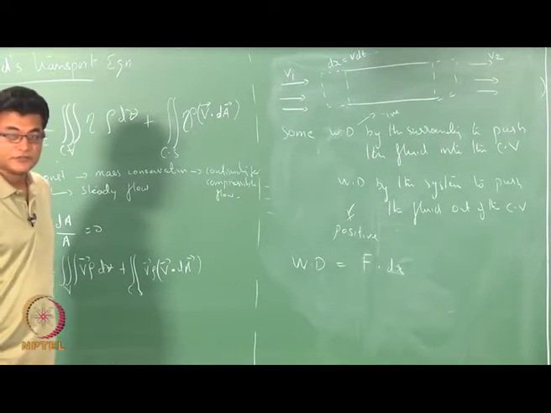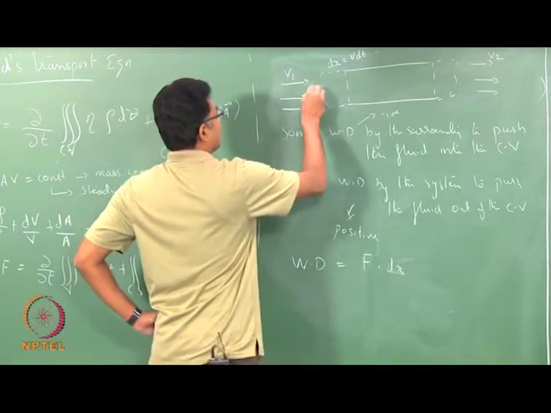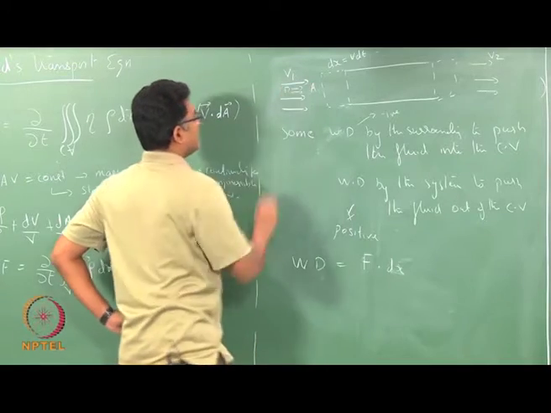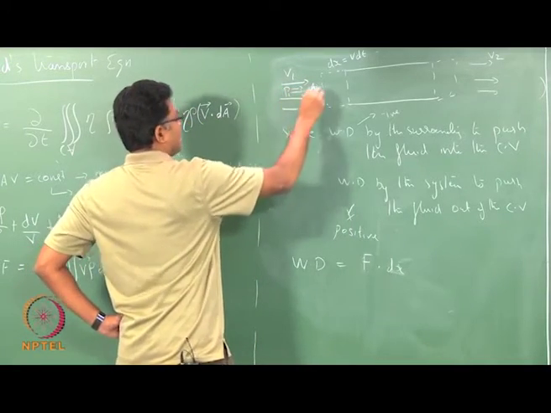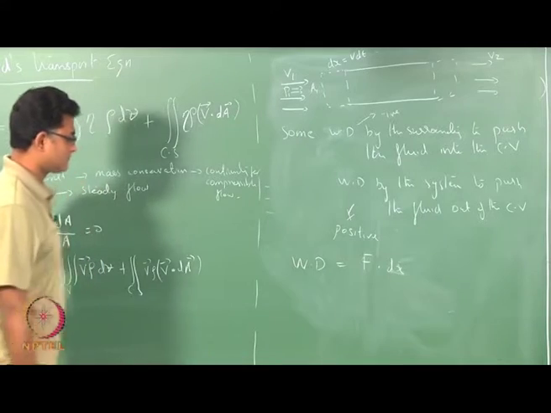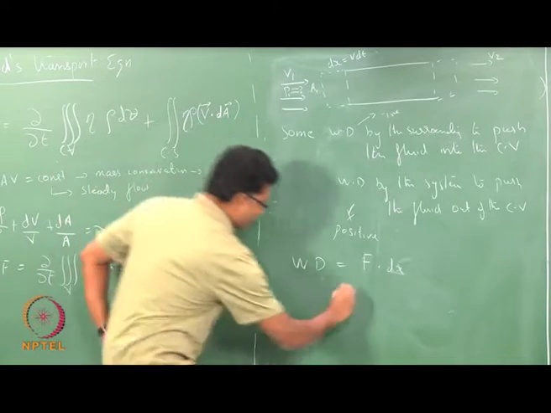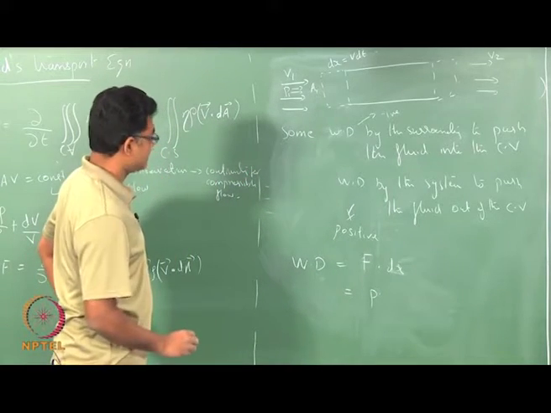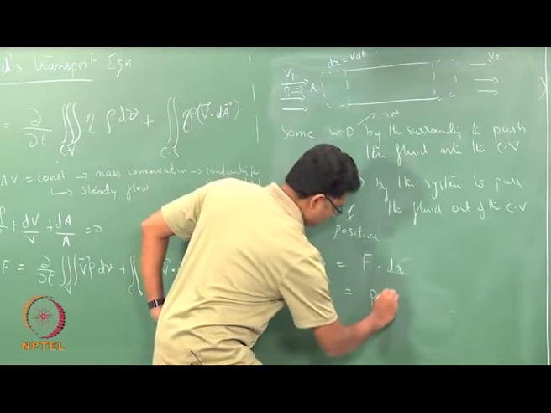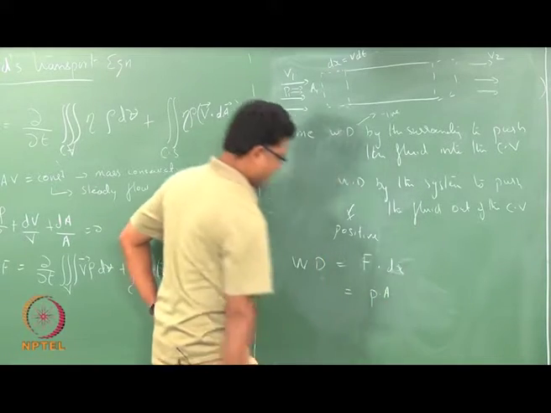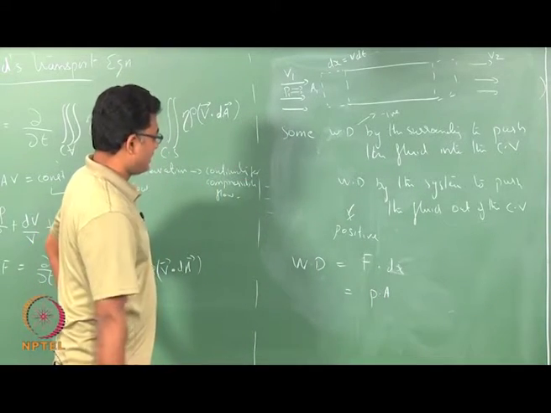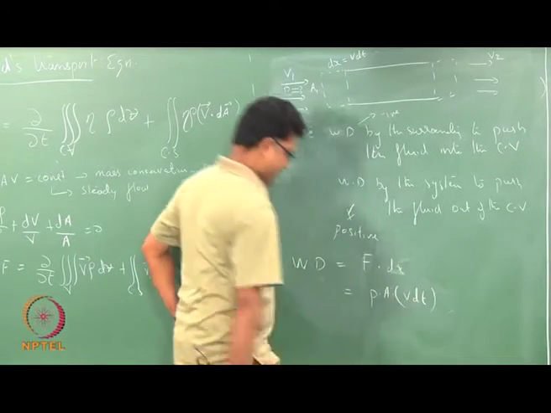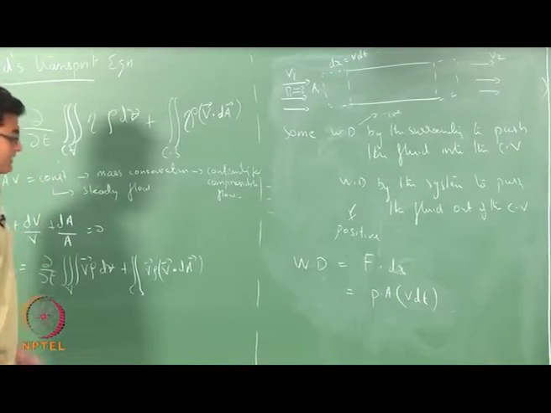Now what is the force? If the area is A and the pressure is P, so P1 A1, the force is nothing but pressure into area, and dx is V into dt, where V is the velocity.